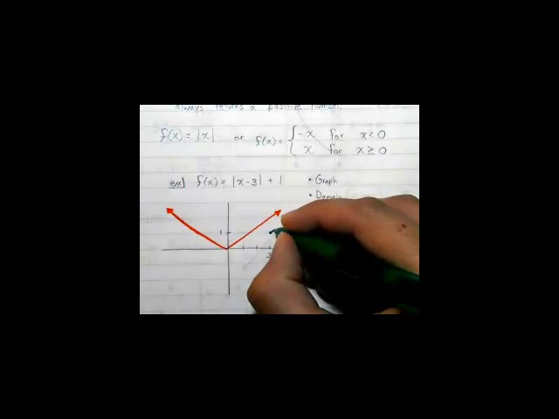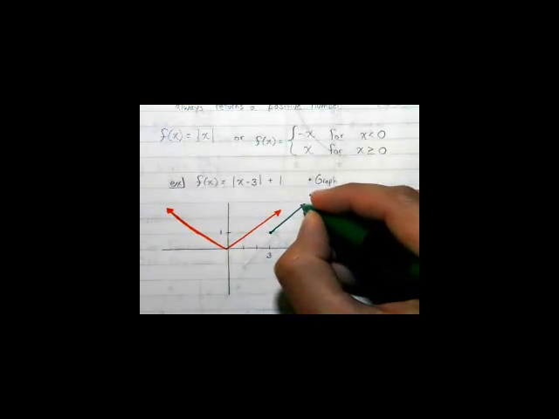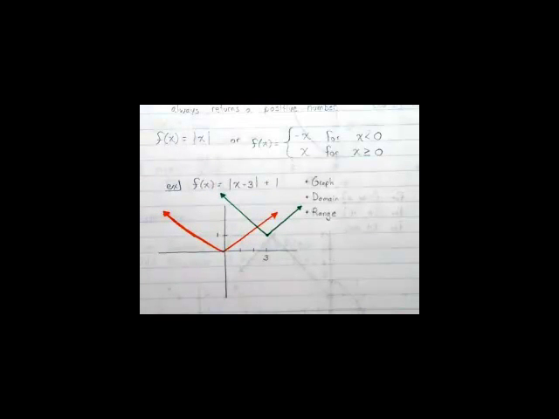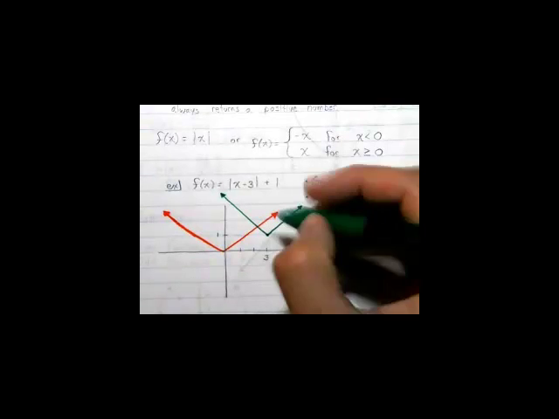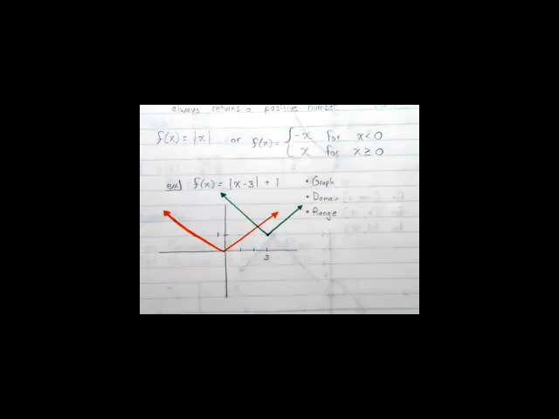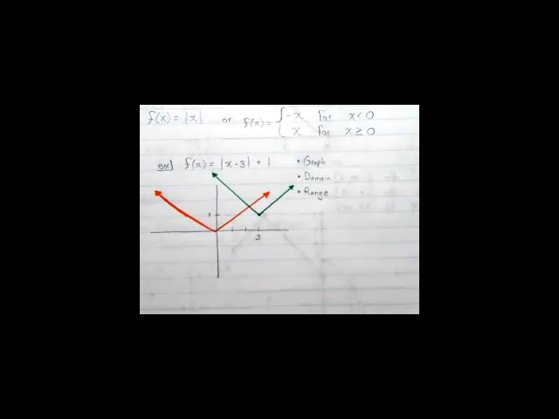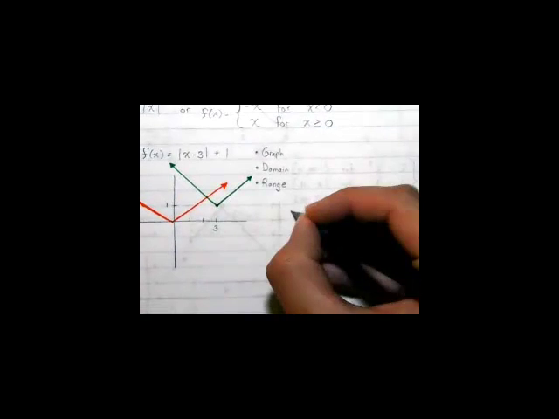And then it's all the same from there. So it heads up that direction, and it heads up that direction like that. Okay, so that's your new one. So we're able to produce what the graph looks like there, and then from that, we can do the domain and range pretty easily.